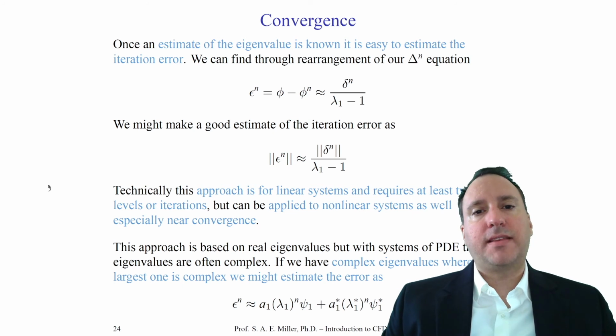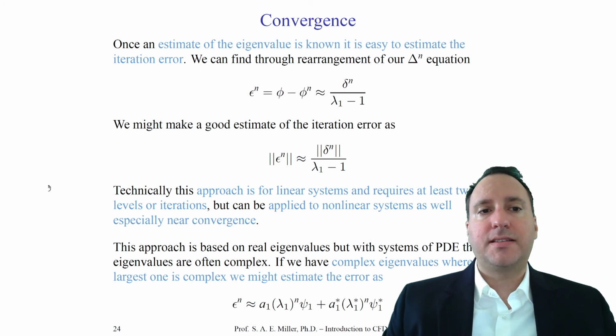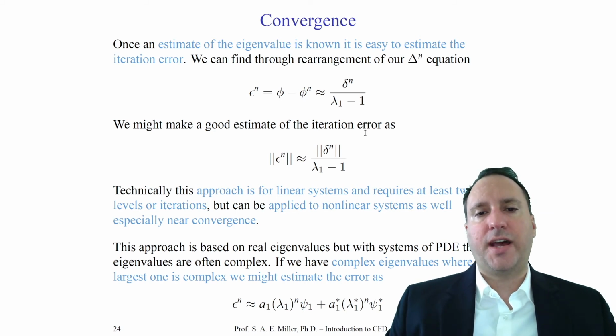If we can estimate that eigenvalue, which is easy to do for a linear iterative solver, we can rearrange our delta^n equation in this form. This might yield another estimate for the iteration error, that is the error between each particular iteration. And of course, this goes as the norm of delta^n over lambda_1 minus 1.